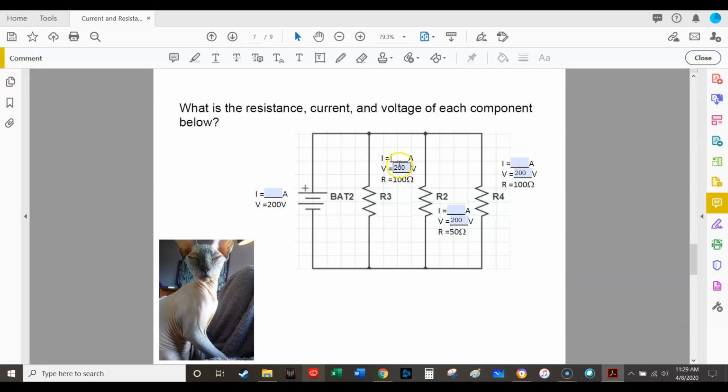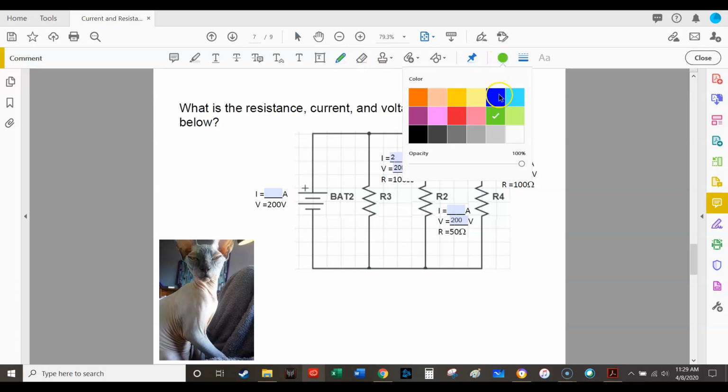And what we could find out here, if this is 200 volts, 100 ohms, this is going to be 2 amps through this section. So I'll go ahead and draw that. And I'm going to use green to draw that.